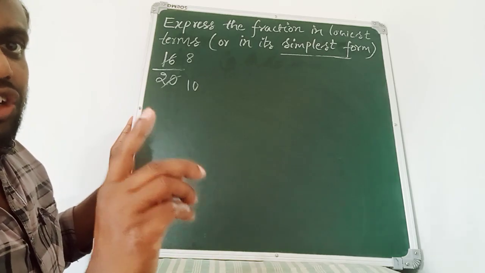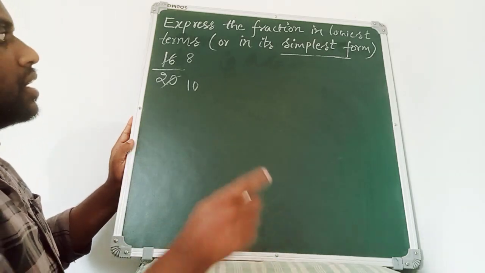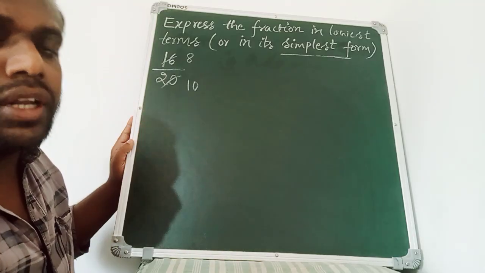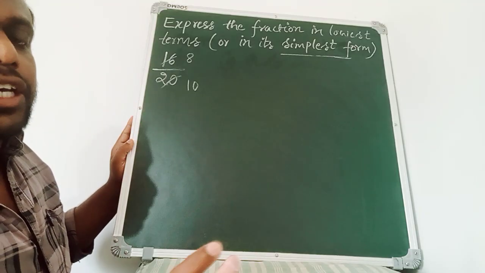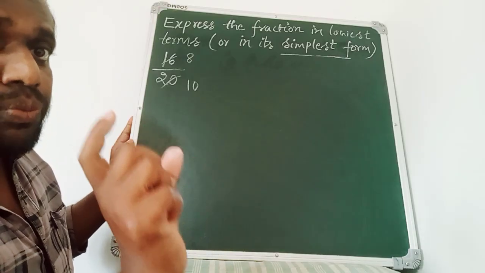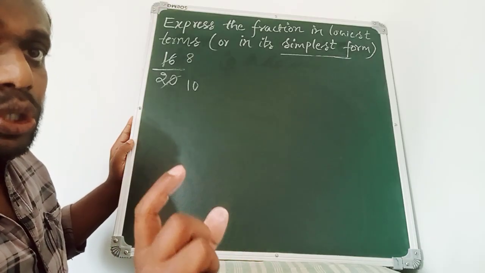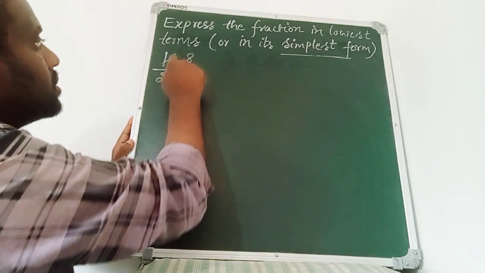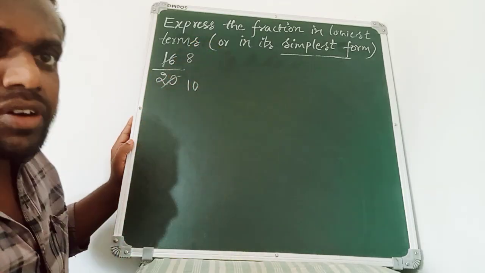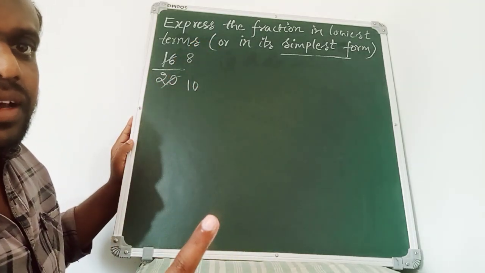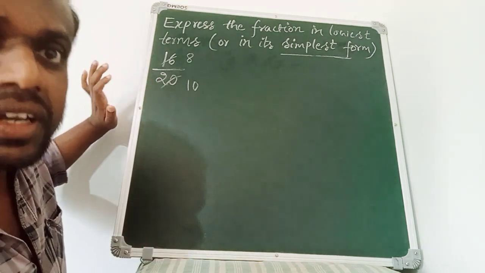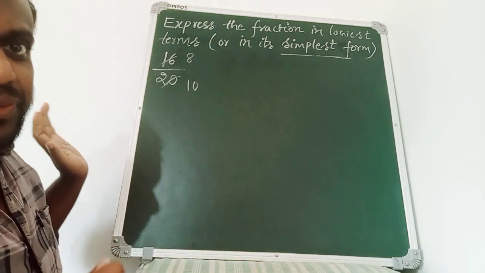If you start dividing, you have to take only one number. So I am taking only one number, 2. Both numbers should be divided by a single number, and that number should divide them completely, without any remainder.